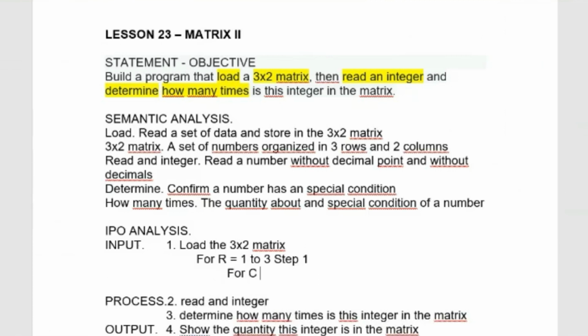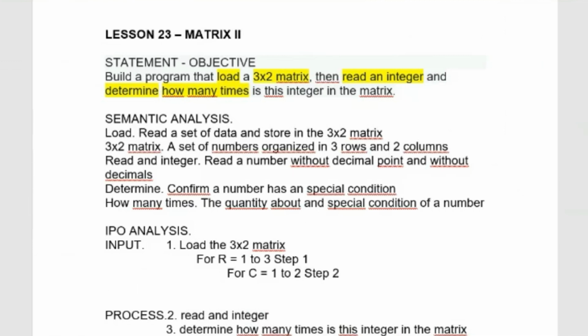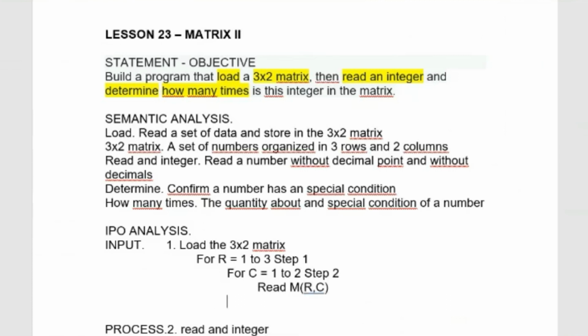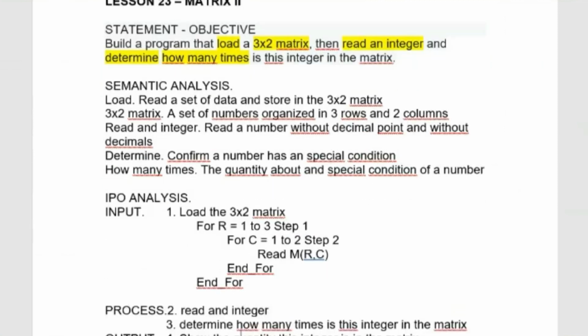Then for column is equal from 1 to 2 with a step of 1. Then here read a number and store in matrix M, row R, column C, and that means N4 and N4, right? Okay.